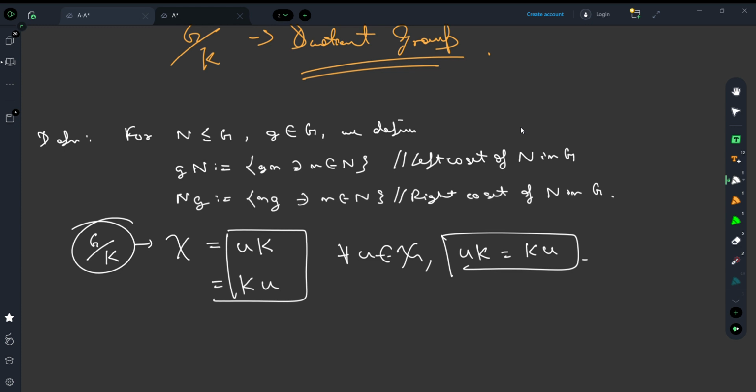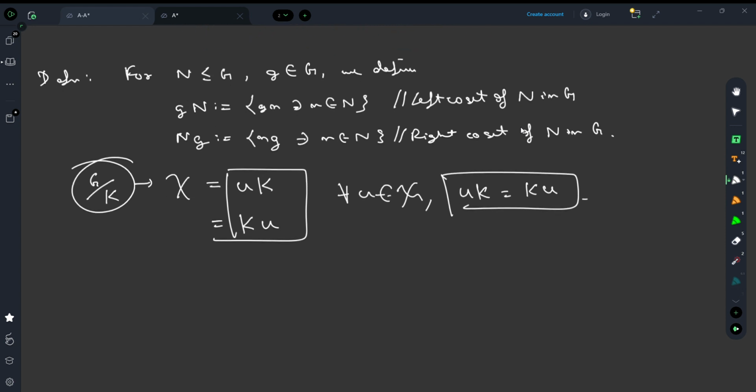Why is it so? Suppose you consider two elements from the coset. If u1 is in chi and u2 is in chi, then chi is equal to u1K, also equal to u2K.